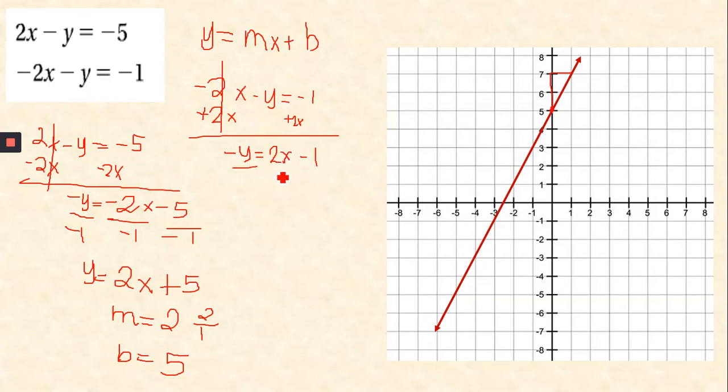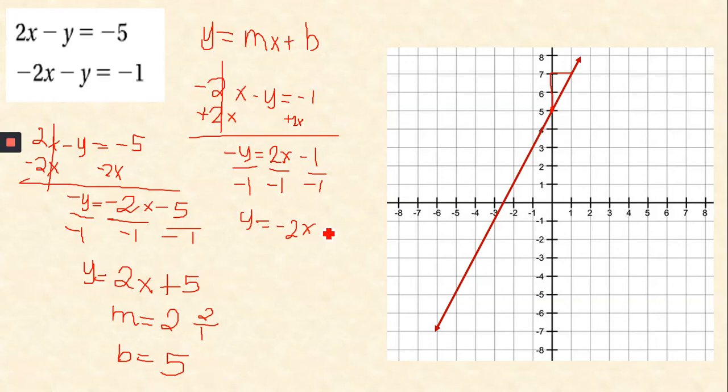Since the coefficient of your y is negative, we're going to divide each term by negative 1. So negative divided by negative, that will be positive. So you now have y equals positive divided by negative, that will be negative 2x.